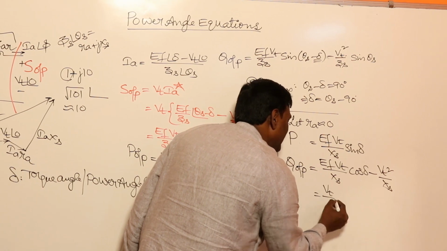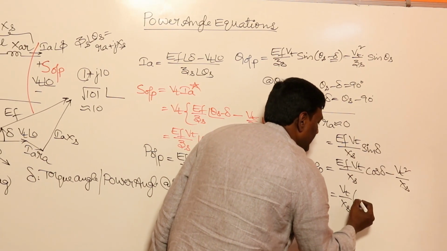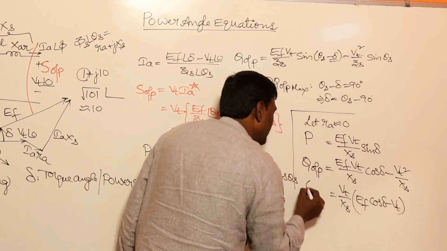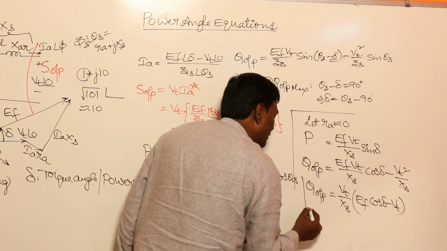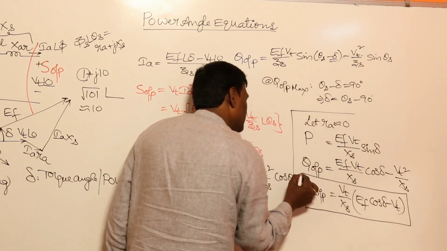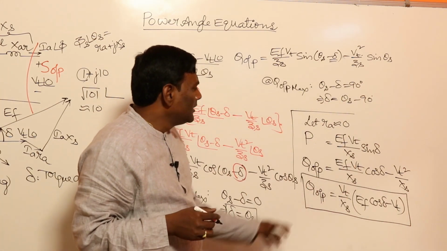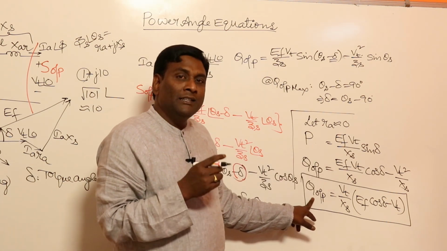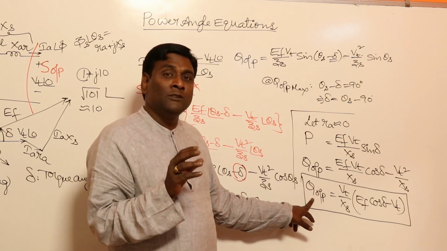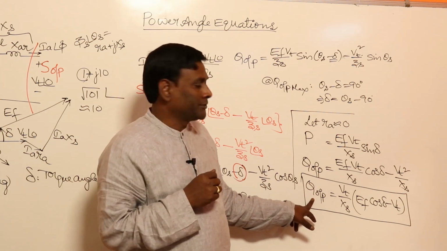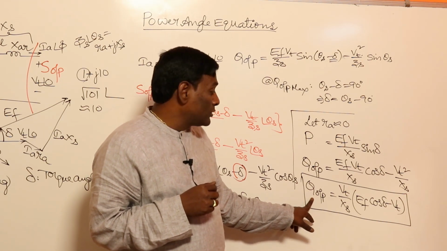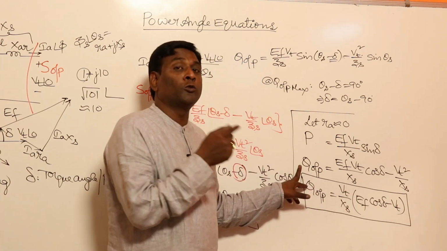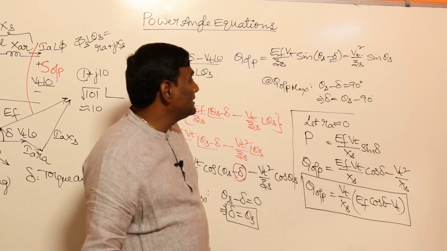So this is Vt by XS into (EF cos delta minus Vt). So for Q output, you have to remember this equation. Of course, we will solve multiple problems so that you will remember. Most of the time, EF Vt by XS sin delta, everybody knows. As of now, don't bother whether it is overexcited or underexcited. I will take care of all those. So Q output, you have to remember, Vt by XS into (EF cos delta minus Vt) is going to be the Q output. About this in detail, we will see in the next video.